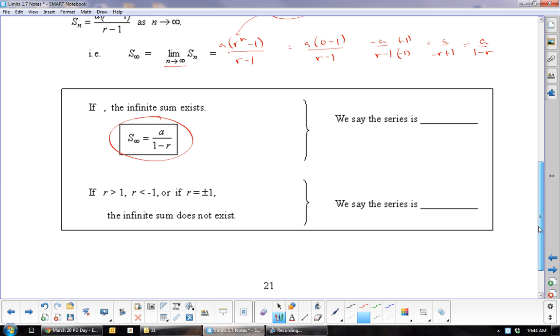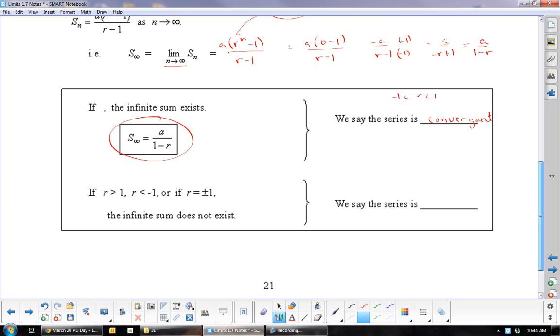So the formula for an infinite sum when r is between 1 and negative 1 comes from the series formula that we always have been using. Now, if r is less than 1 and greater than negative 1, we say that it is convergent.